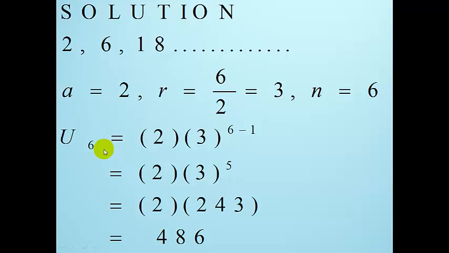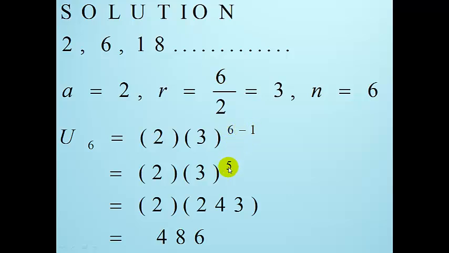That's the nth term of a geometric progression, where a is the first term, r is the common ratio, and n is the number of terms. So by substitution, we have 2 times 3 exponent 6 minus 1, where 2 is the first term a, r equals 3, that's the common ratio, and n equals 6, that's the number of terms.